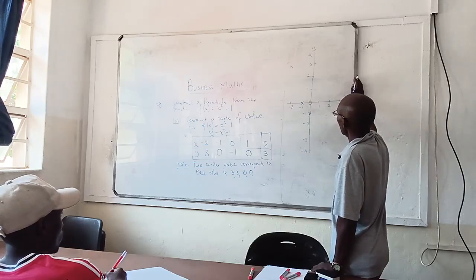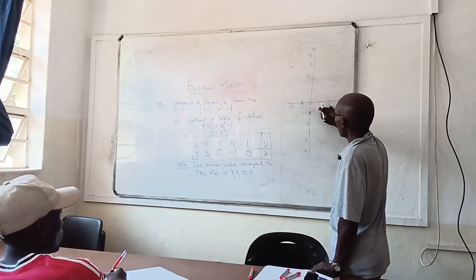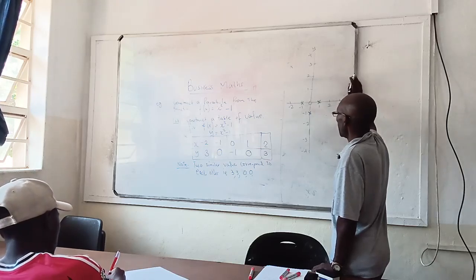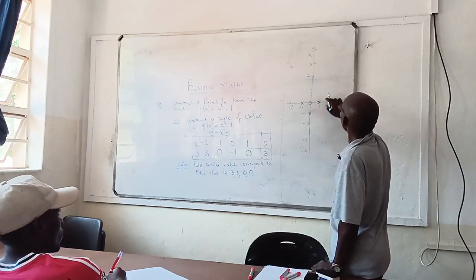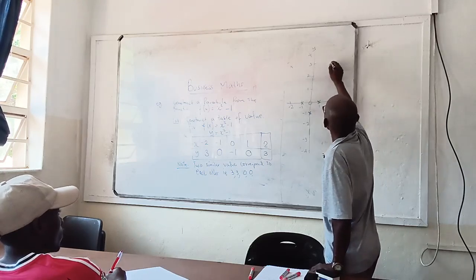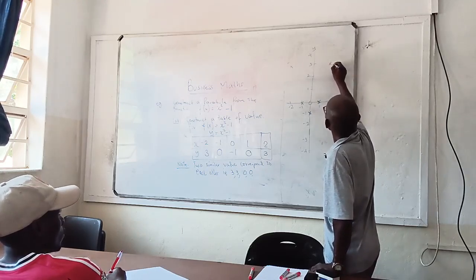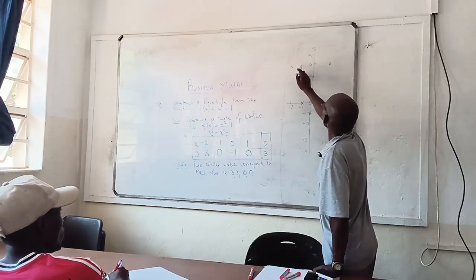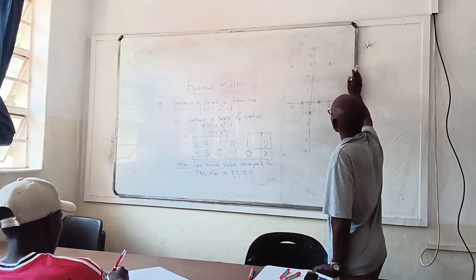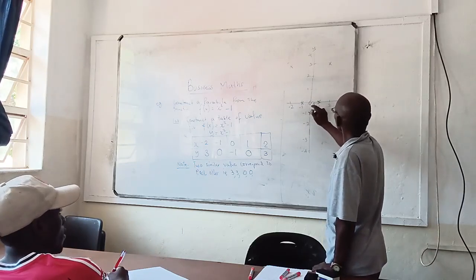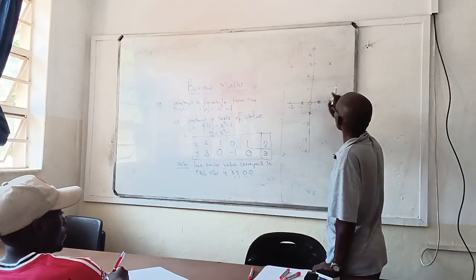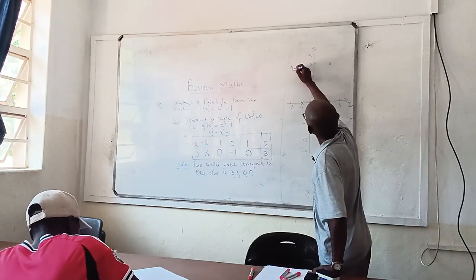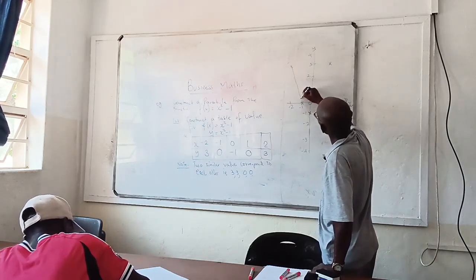When x is 1, y is 0. When x is 2, y is 3. So when you look at this, 3 is corresponding to this one, and negative 1 is corresponding to this one. So what it means is, you do like this, it goes like that.